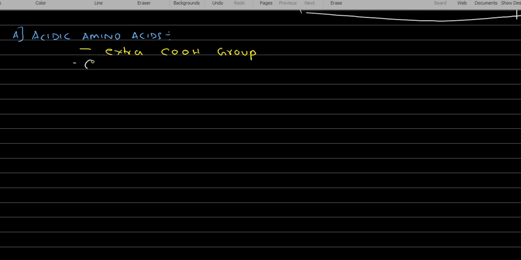glutamic acid. If you look at glutamic acid or aspartic acid, they have an additional COOH group.